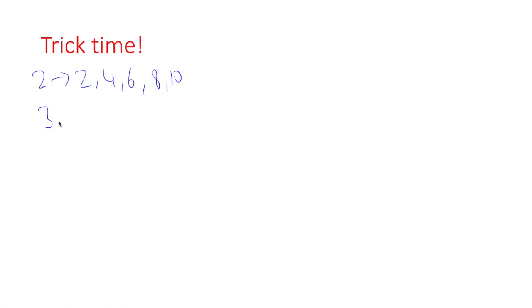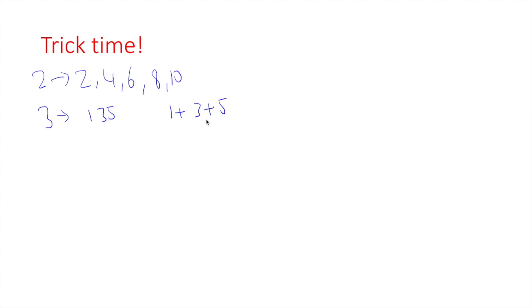For 3, I have a little trick that you guys might not know. To figure out if a number is a multiple of 3, you need to look at its individual digits. For example, if you had the number 135 and you're wondering if this is a multiple of 3, do 1 plus 3 plus 5.